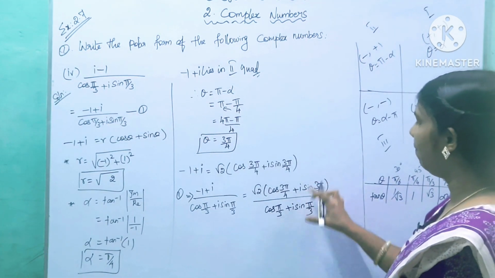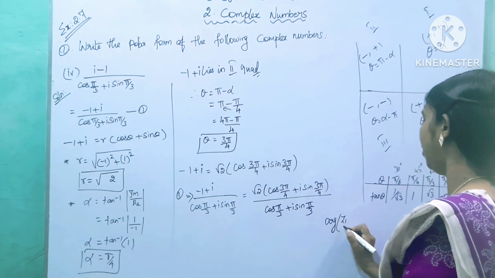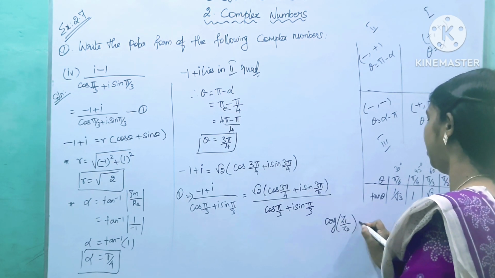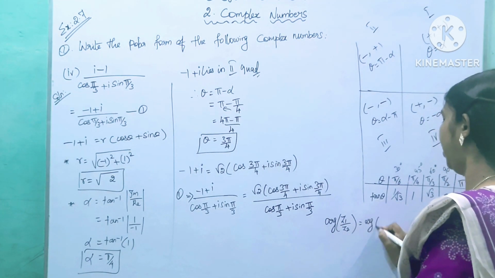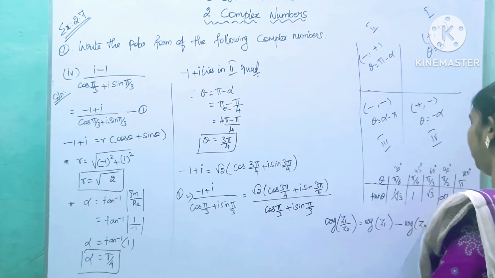So இங்க பாத்தீங்கன்னா two complex numbers are in division. Argument ஓட division property, argument of z1 by z2 is nothing but argument of z1 minus argument of z2.